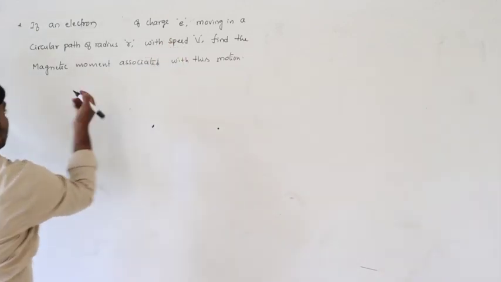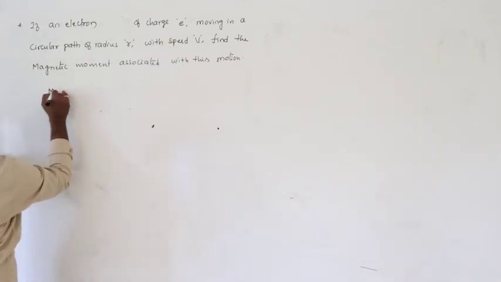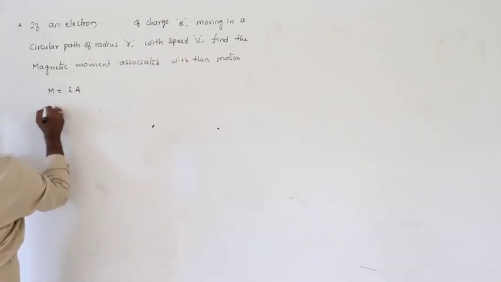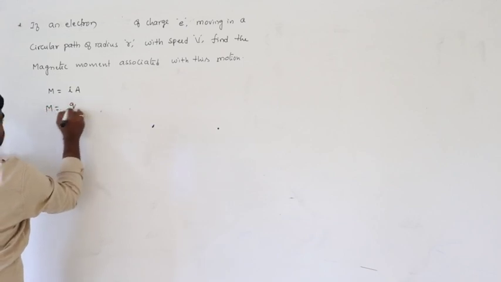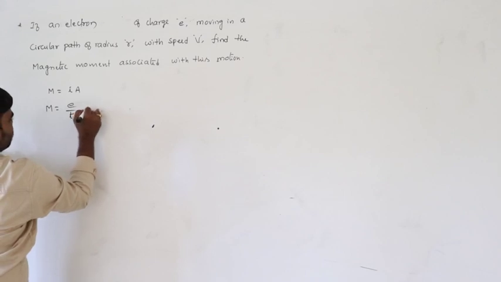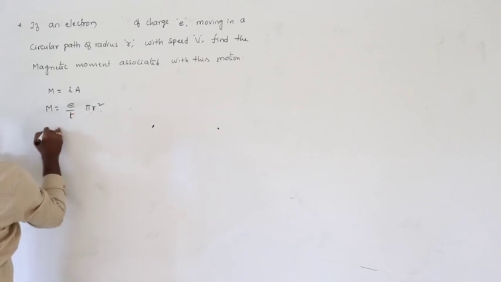In this situation, for the electron, magnetic moment is equal to IA, same derivation. I is equal to Q by T; in place of that I am writing e by T, into area, which is pi r square.